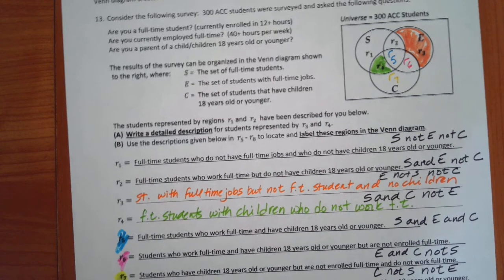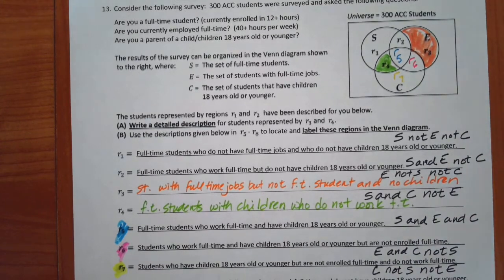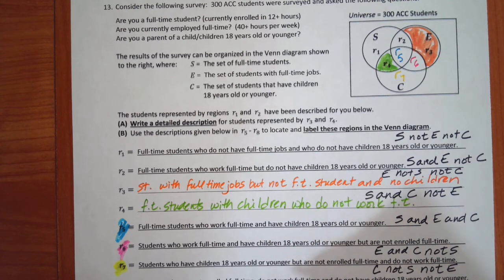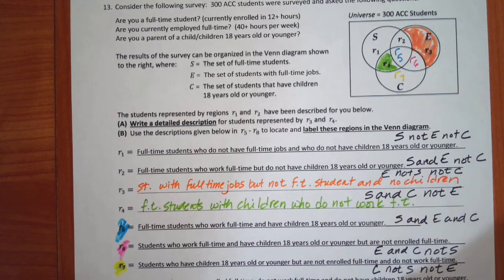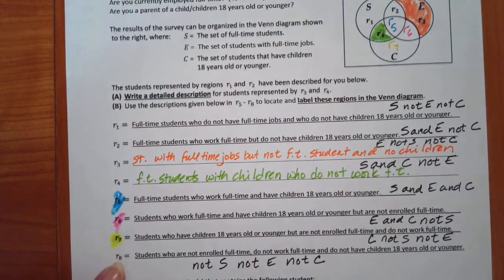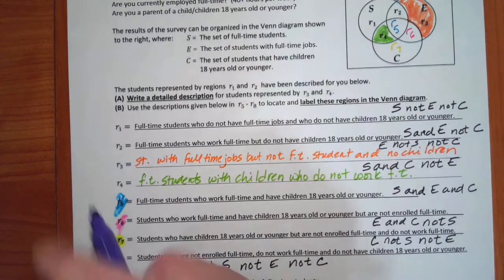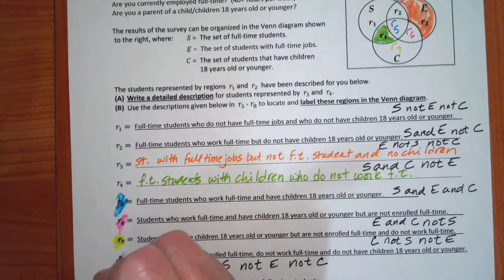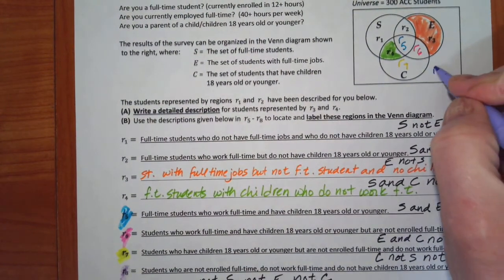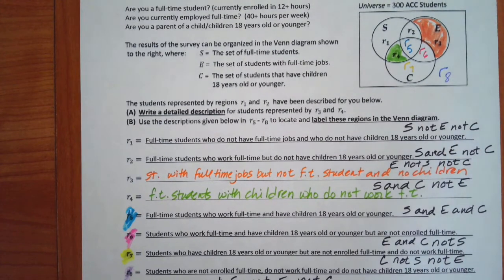And lastly, our region is students who are not enrolled full-time, so that's not S. Do not work full-time, not E. And do not have children, not C. So it has to be outside all of the circles. So this here is going to be our R8.